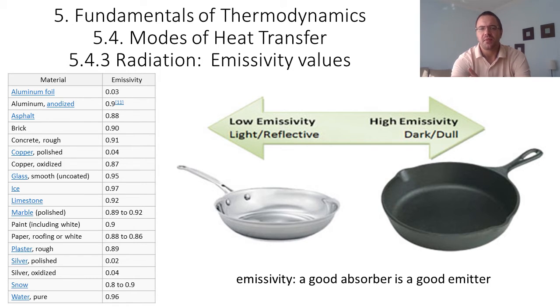And this is because emissivity is not the same as reflectivity. Emissivity is about emitting electromagnetic waves based on the temperature of the surface. So remember, a good absorber is a good emitter. So in general, dark surfaces have emissivity close to 1, and shiny surfaces have emissivity close to 0.